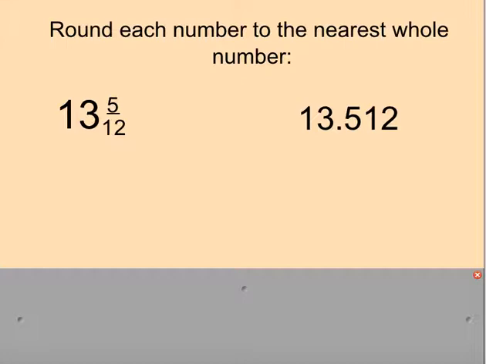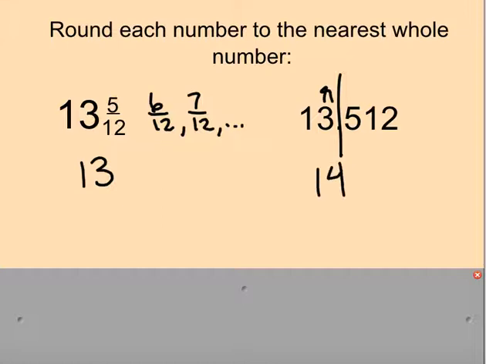I would need to see a number that's 6/12 or 7/12 or so on. But 5/12 isn't big enough for me to actually raise the score, so I leave it at 13. I let it rest. Whereas with this one, when I look to the right, I see a 5, and it's actually a decimal 5, and so I raise the score to 14. So don't be fooled. If you see a 5 in a fraction, it doesn't always mean that we need to raise the score. Logically think about it.